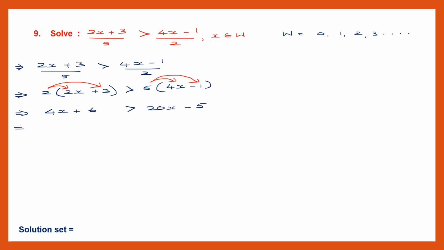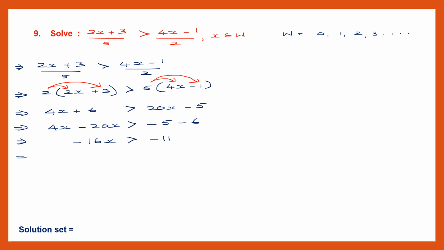Now let's bring all the x to one side. So here I have 4x and I bring the other x, it becomes minus 20x. And I'll take the numbers to the other side, so I have minus 5 minus 6. So here now 4x minus 20x is minus 16x. This is greater than minus 11.